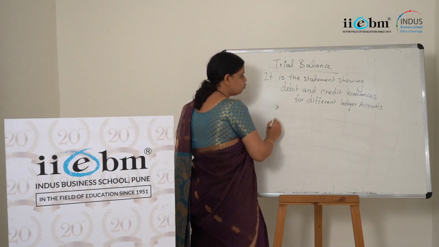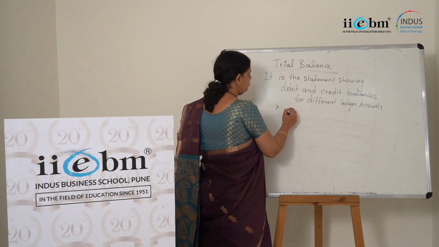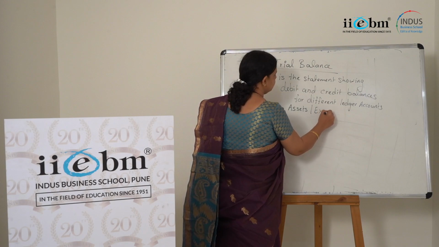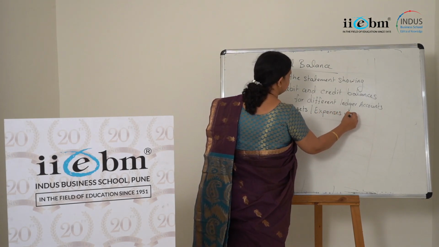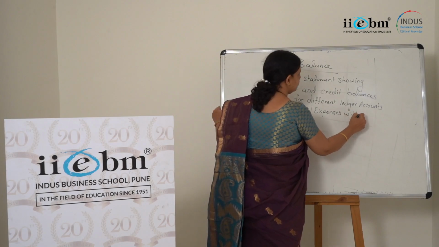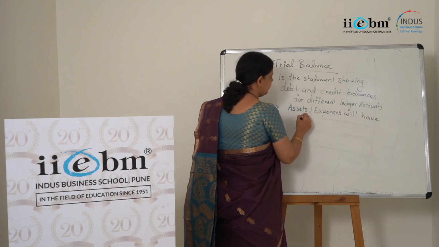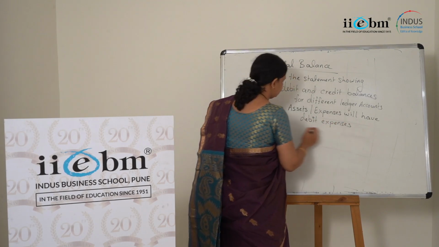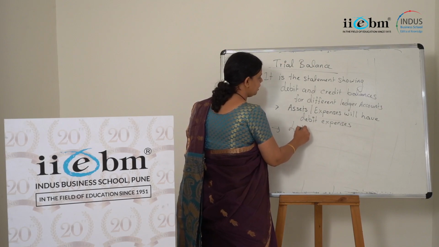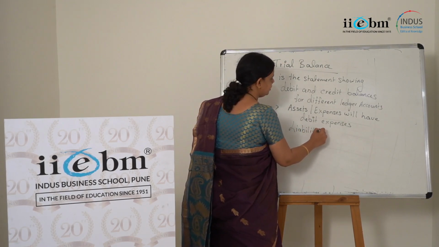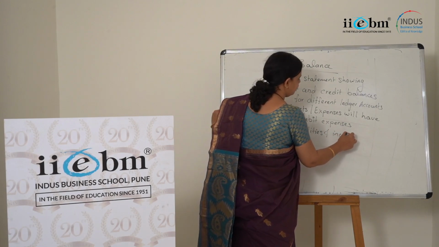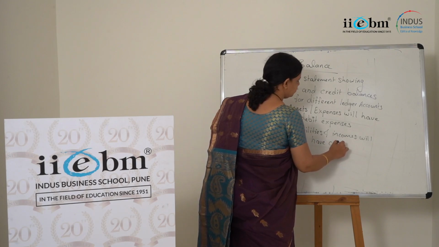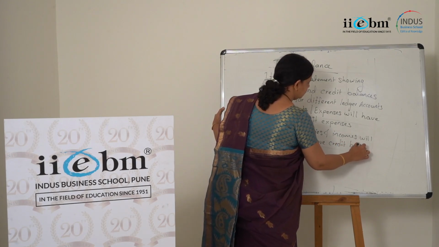While making the trial balance, what rule do you have to remember? Assets and expenses will have debit balances, and liabilities and incomes will have credit balances, right?